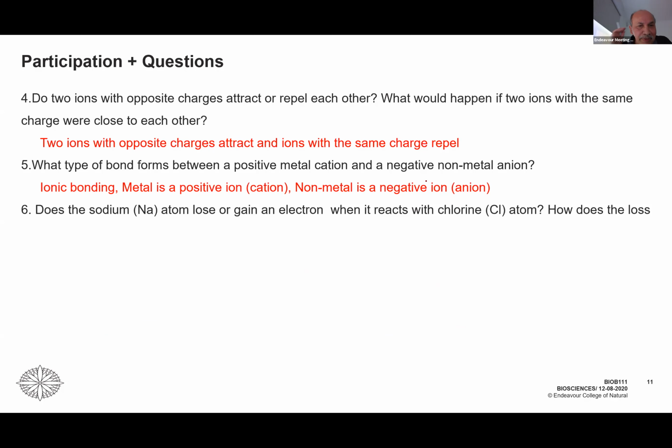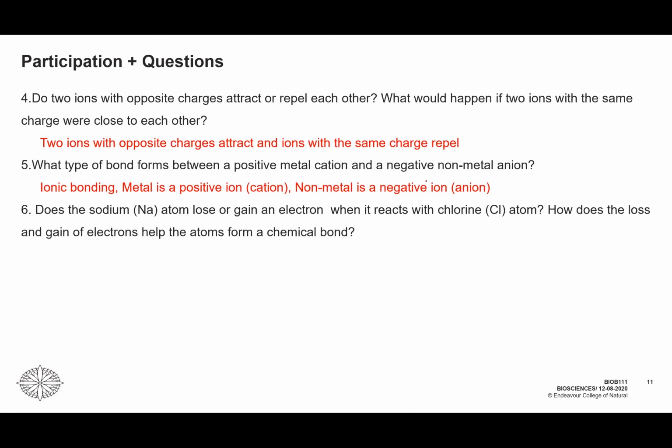So does the sodium atom lose or gain an electron when it reacts with the chlorine atom? Because to satisfy the octet rule. How many electrons is sodium going to lose? Only one. Chlorine is going to gain how many? One.